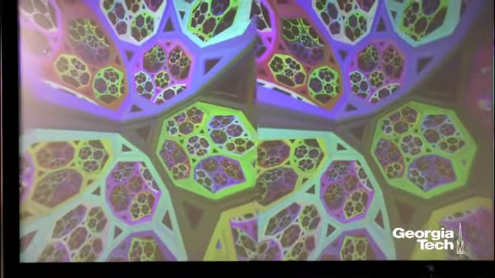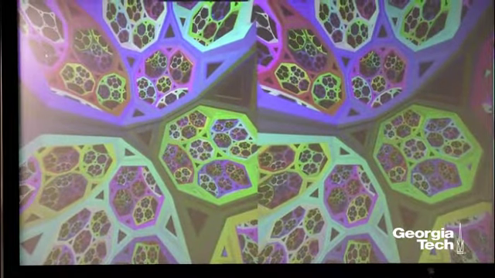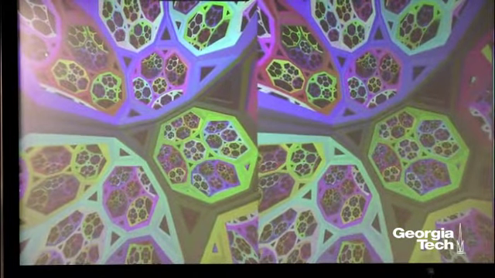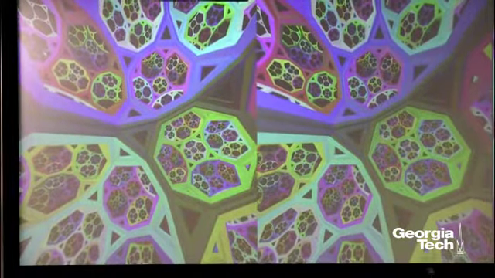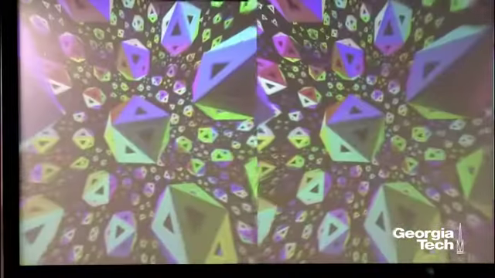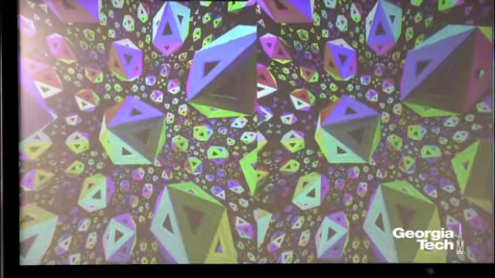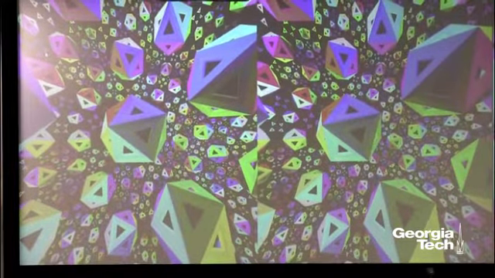So what I'm going to do now is I'm going to change his view so that I remove the pillars in between those triangular windows, and this is going to make it look like he's sort of in some sort of outer space scene with a lot of jewels in it.